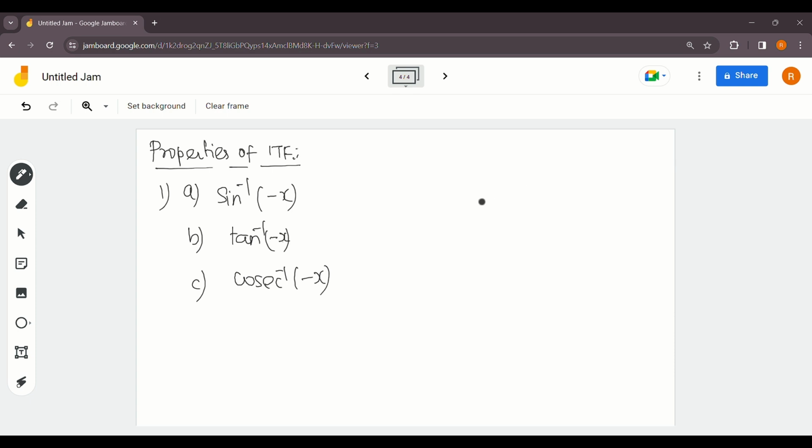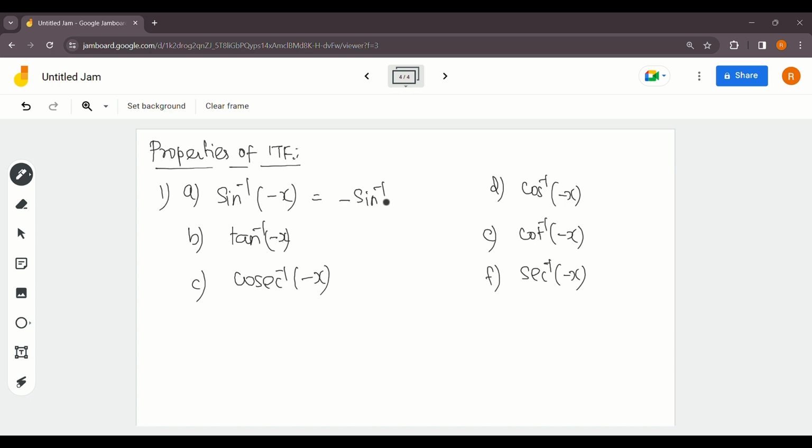And the opposite pairs of these, that is the other three ratios: cos inverse of minus x, cot inverse of minus x, and secant inverse of minus x. See, now this becomes simply minus sine inverse x.